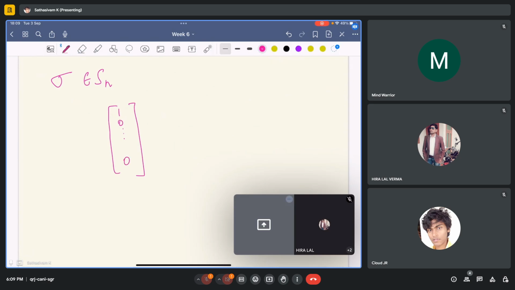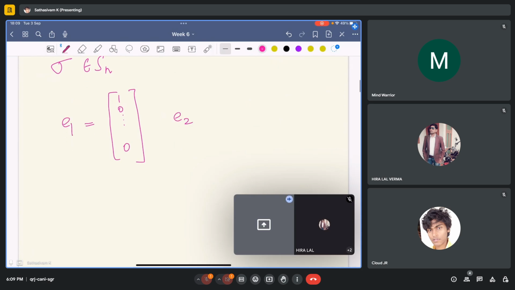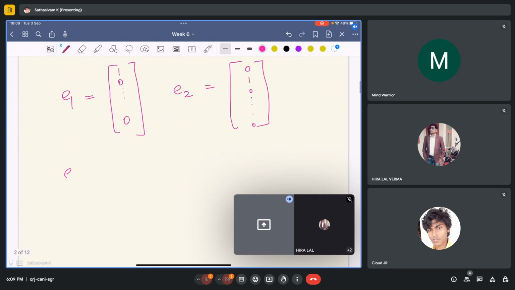I call this vector e1. Similarly, I can define e2, where the second coordinate is 1 and the rest of the coordinates are 0. In general, one can define ei, which is 1 in the ith coordinate and everything else is 0.